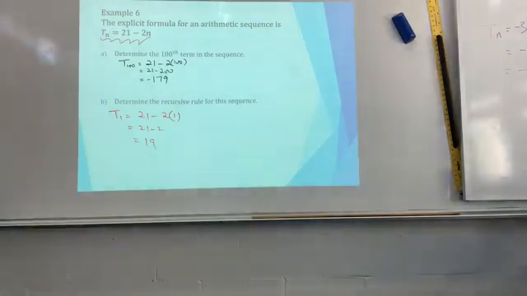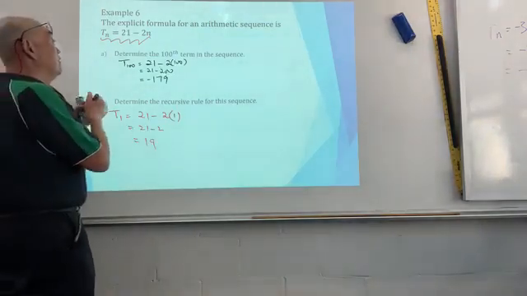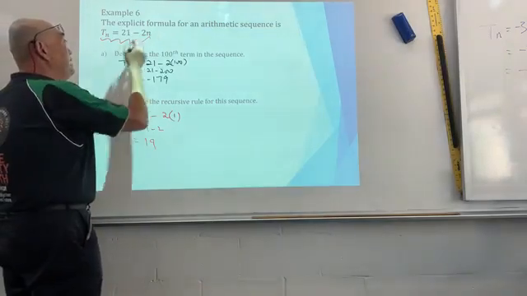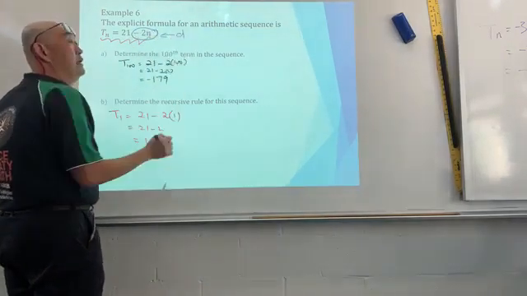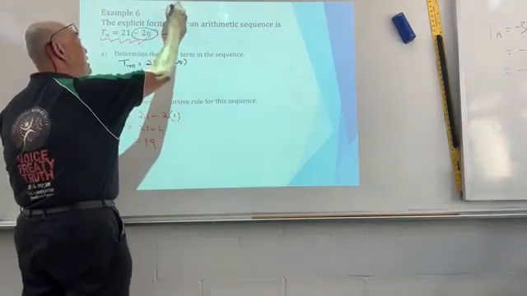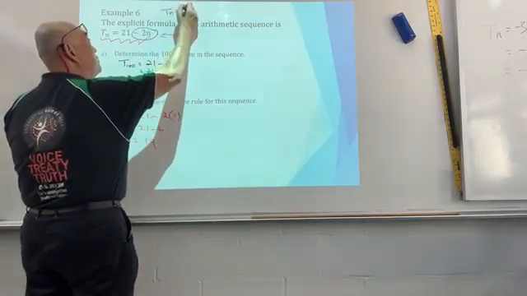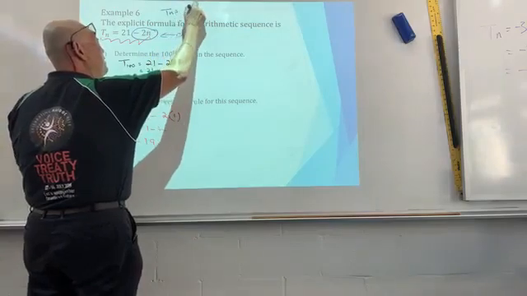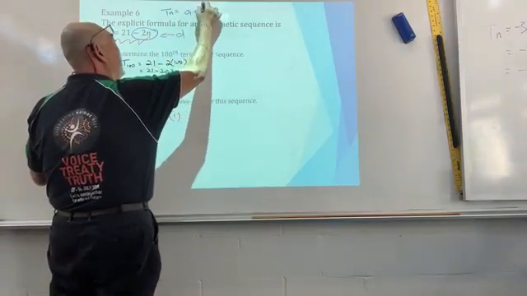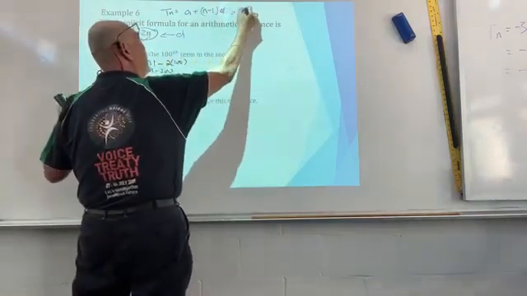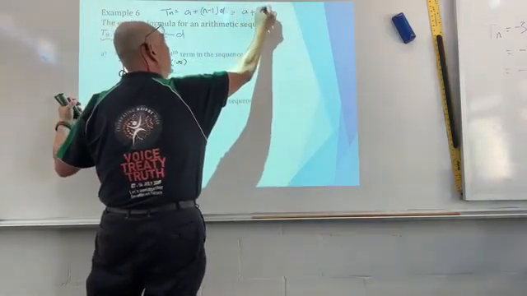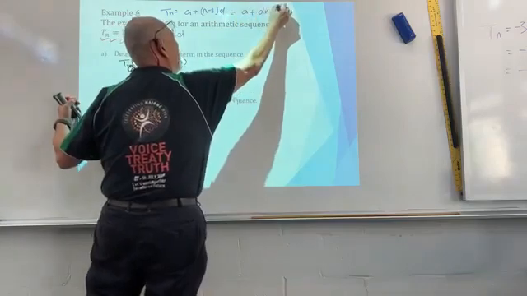Now, here, this bit here, it gives you T. Since Tn equals A plus (n minus 1)d, if I expand that, that is A plus dn minus d.